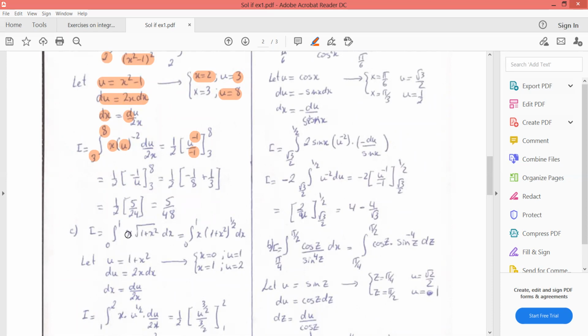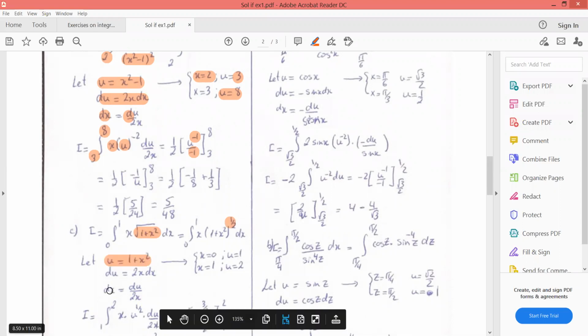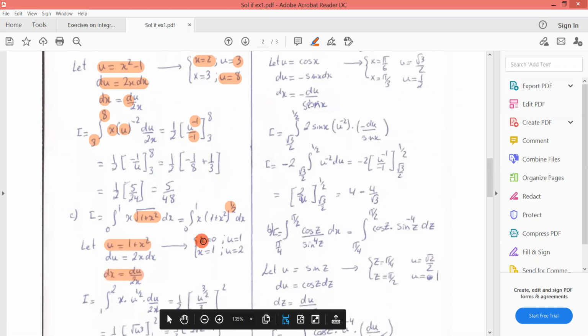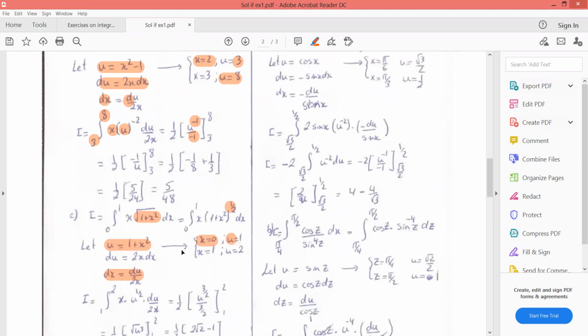Also, this is another example of changing the variable, or the method of substitution. I changed this radical into the form of power. Once again, I let u equal 1 plus x squared, and then dx is equal du over 2x. We change the bounds: for x equals 0, u equal 1 plus 0, u equal 1. For x equal 1, u equals 2.